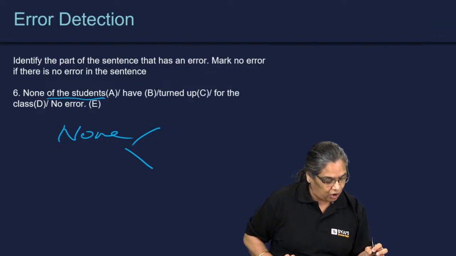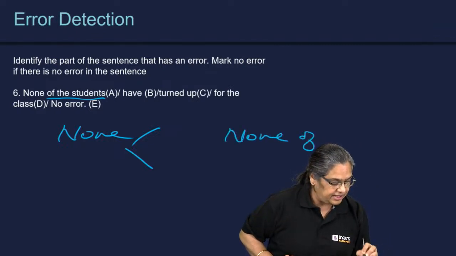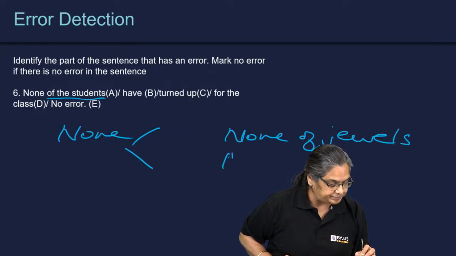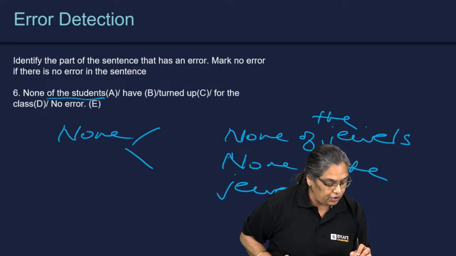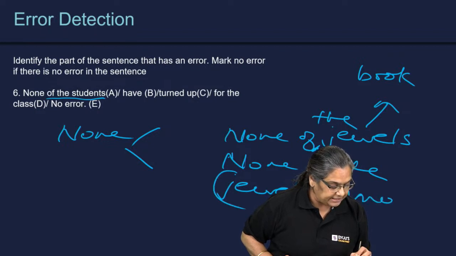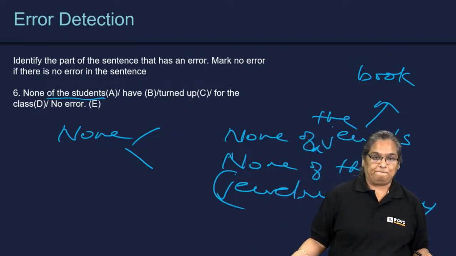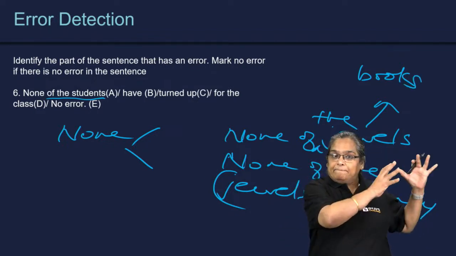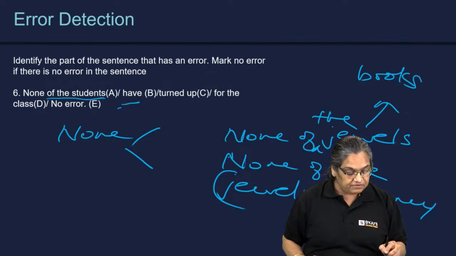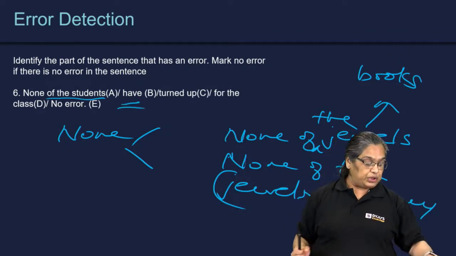See, the most common examples in every book would be none of the jewels, none of the jewelry, none of the books, none of the money. What's the difference? When I say none of the books, none of the students, you are getting an idea of number. And when it is number, the verb that you need is plural. So none of the students have is correct.